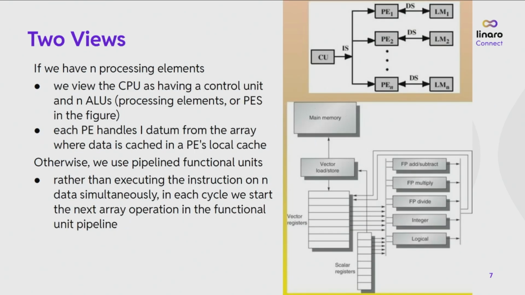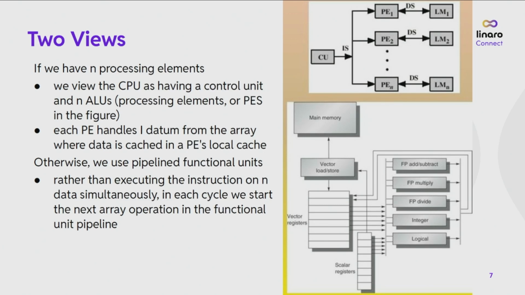For SIMD we have 2 views, two paths. The first path is that we view the CPU as having a control unit and arithmetic logic units, processing elements, or PEs in the figure here. You can see on the figure how it looks: the first view at the top right corner, and the second view at the bottom right corner.